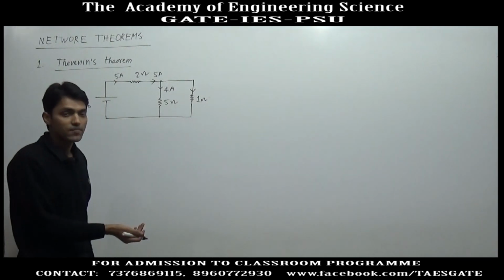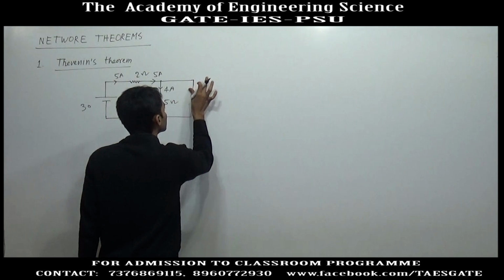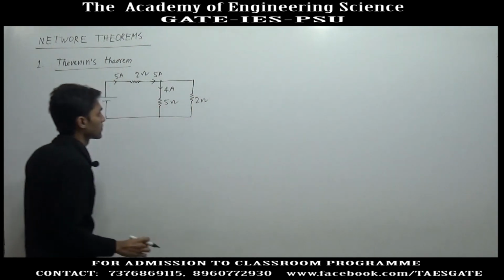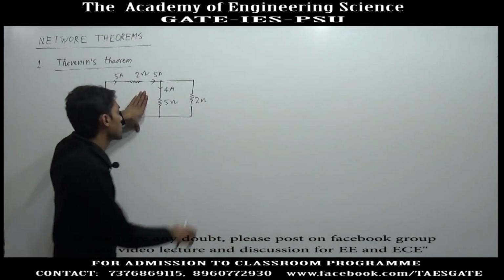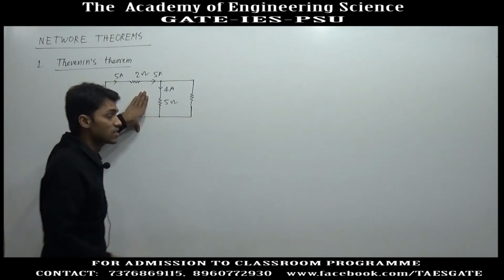Now you calculated it. Now again the load resistance has been changed. It is changed to 2 ohm. So you have to solve the whole circuit as many times as the load resistance is changed.